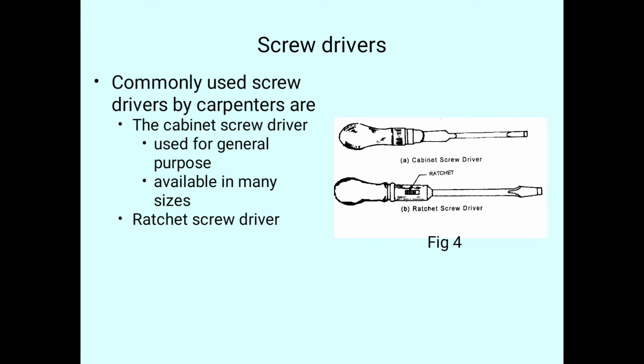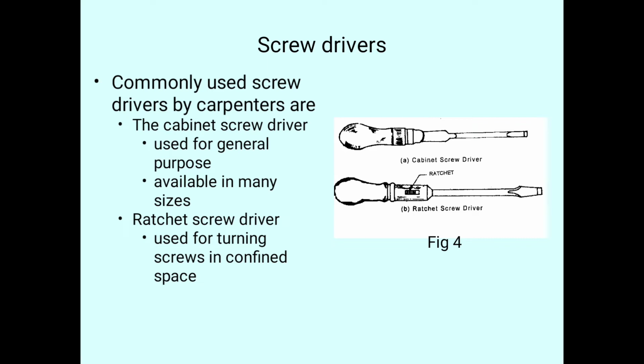Next, second will be a ratchet screwdriver. In this diagram we can see two types of different screwdrivers. First one is the cabinet screwdriver, and second one is a ratchet screwdriver.